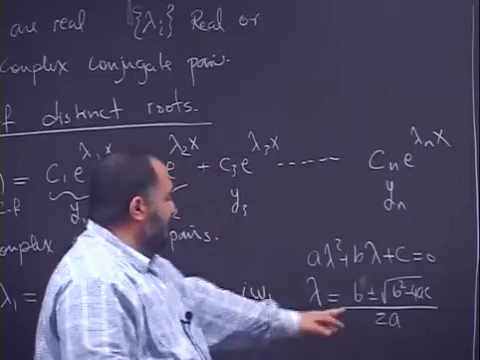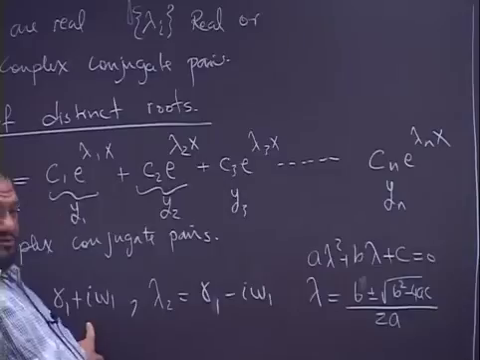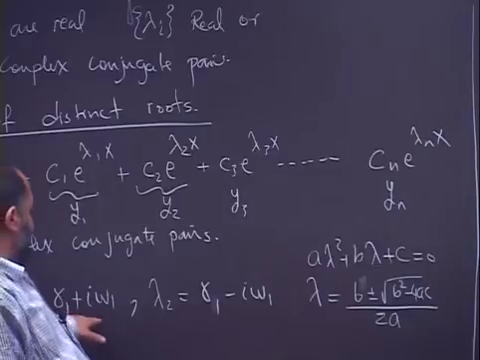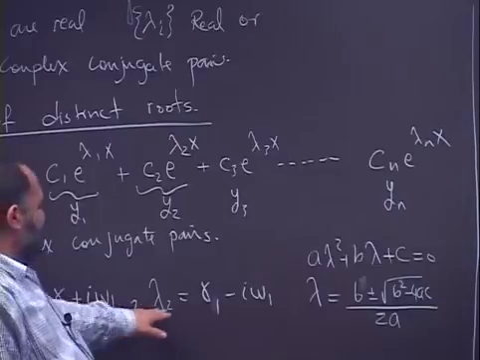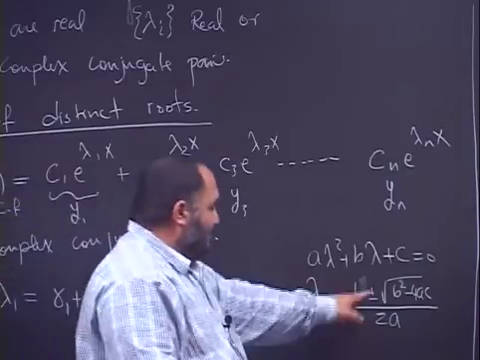If this gives you two complex conjugate roots, the first one is gamma 1 plus i omega 1, the second one is gamma 1 minus i omega 1, because of the plus and minus signs.